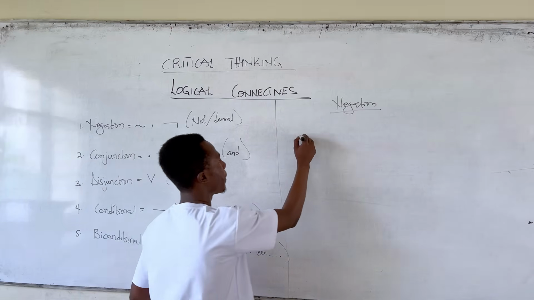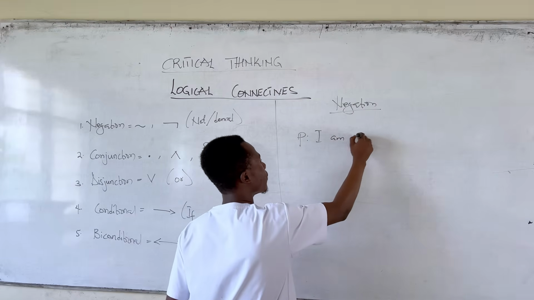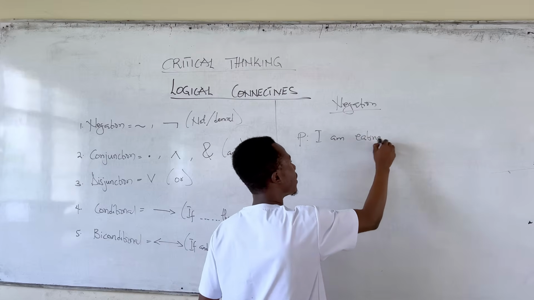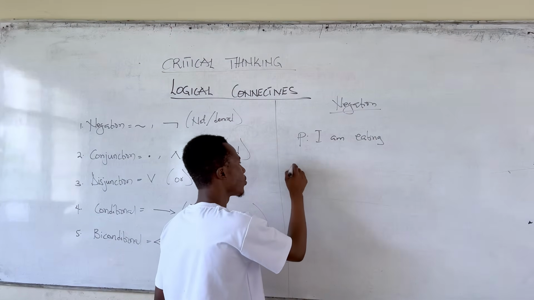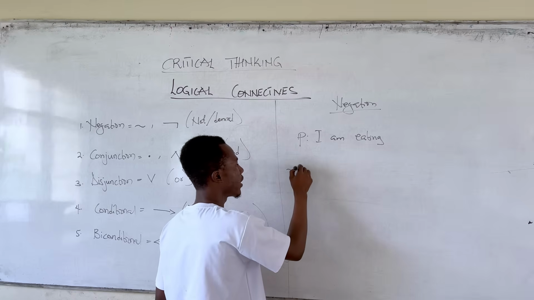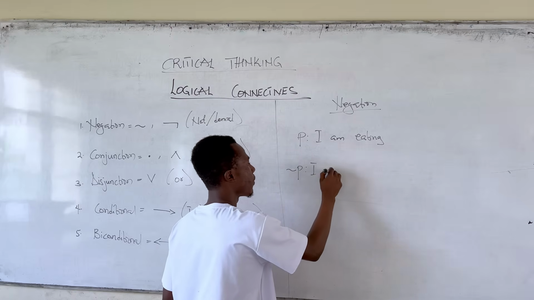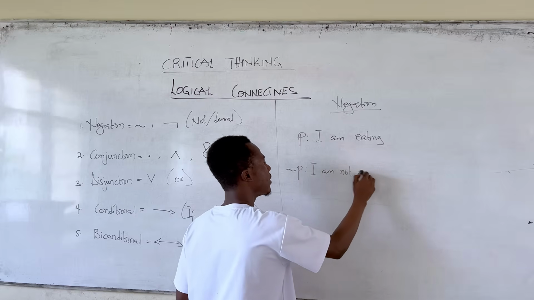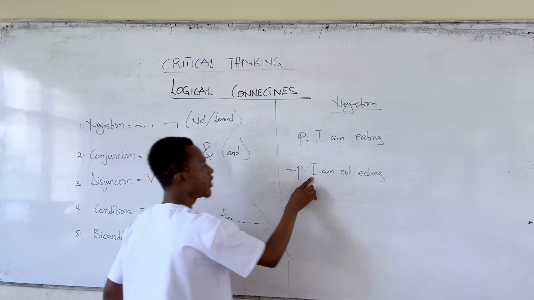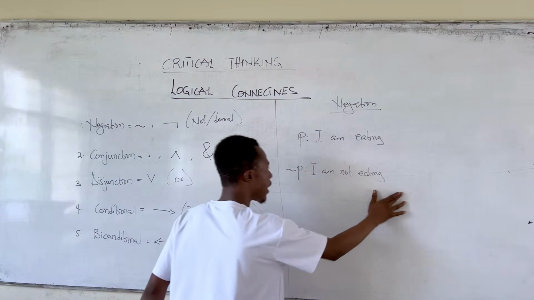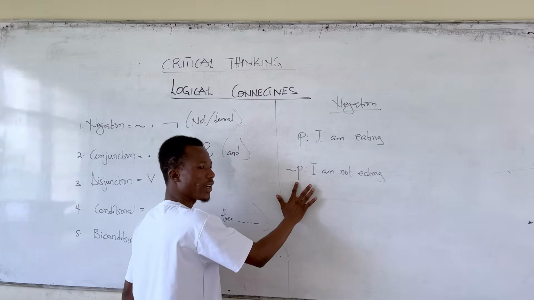So, I am eating. The denial becomes what? Type P, right? It becomes I am not eating, right? So if they give you I am not eating and they ask you to convert it to symbolic logic, you must go in for this, right?